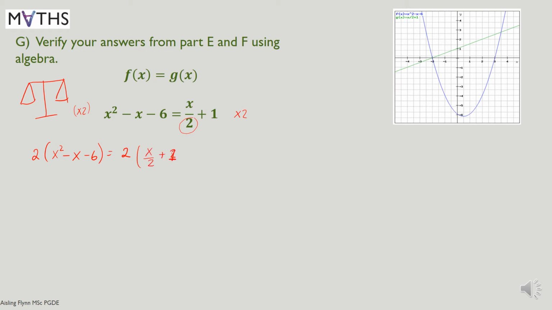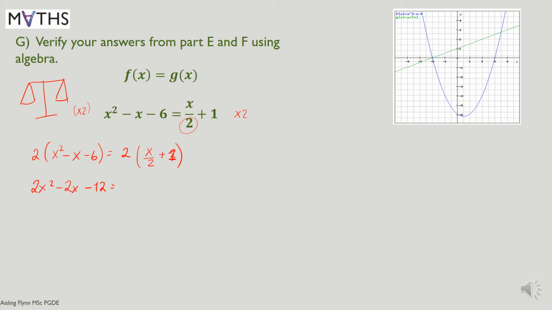Plus 1, sorry, getting ahead of myself. Okay, so on the left hand side let's multiply and remove that bracket, so we get 2x squared minus 2x minus 12 equal to, now 2 times x divided by 2, what does that give you?